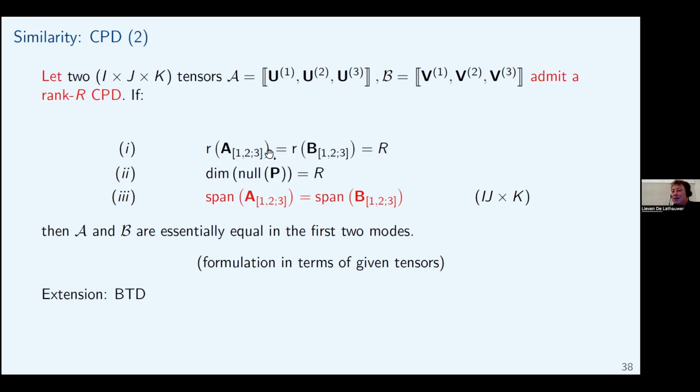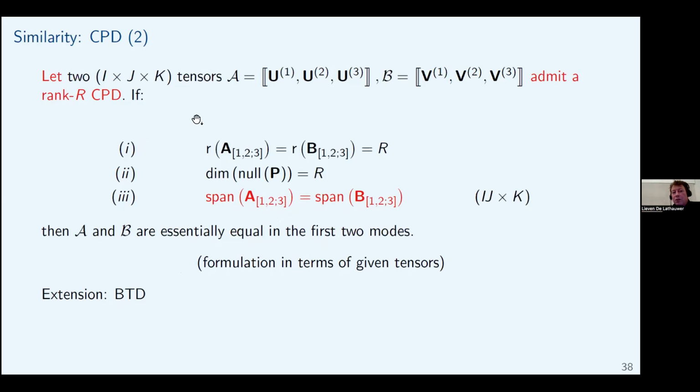This P matrix this time needs to have a null space of dimension R. And here the equality of the V matrices or at least the subspaces, so as to match the two decompositions. And then you know that A and B have the same columns and rows in the CPDs, and you can extend this to BTDs.